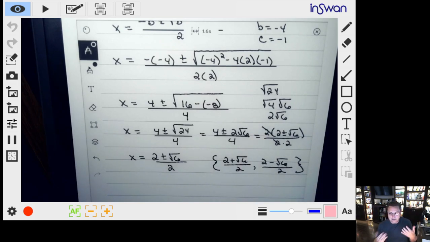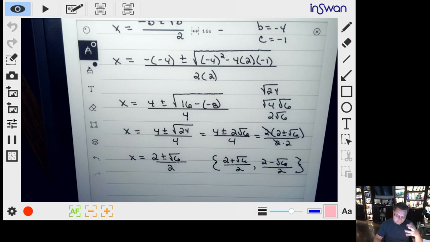Notice that I didn't write these from smallest to largest, and that doesn't matter. What do I mean by that? This one here is actually on the left side of the other on a number line. It would be like writing the number 5 and then the number 1. Yes, 5 is larger, and we usually write the larger numbers to the right.